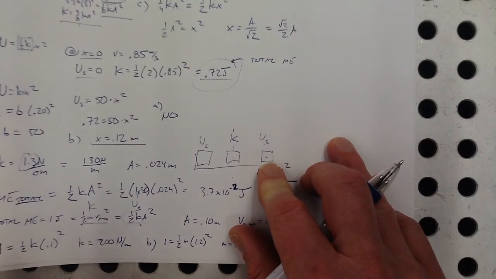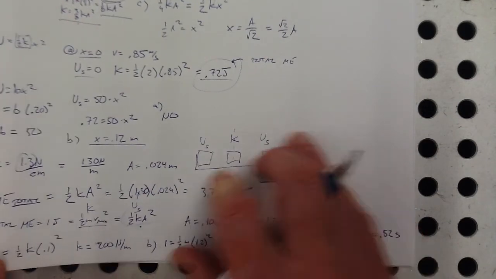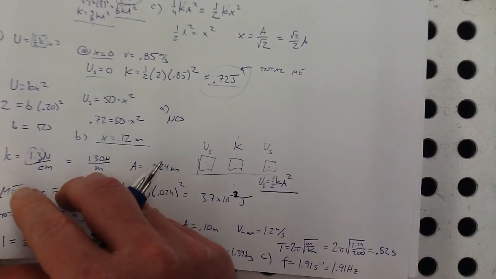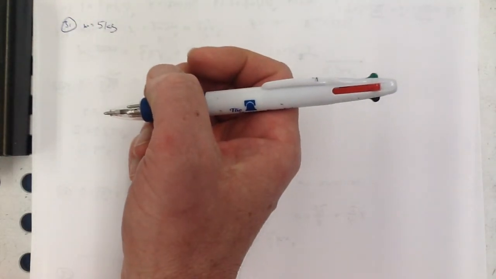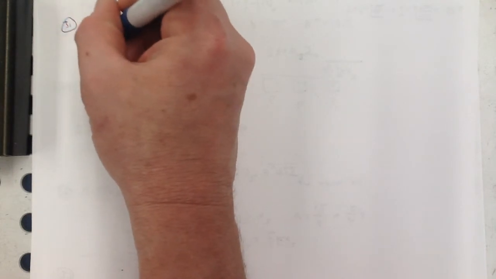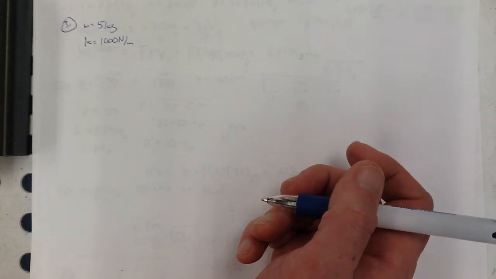All right, 2 more. If we can beat the announcements here. Number 31, 5 kilogram object on a horizontal frictionless surface is attached to a spring. The spring constant 1,000 newtons per meter. Object is displaced from equilibrium 50 centimeters.